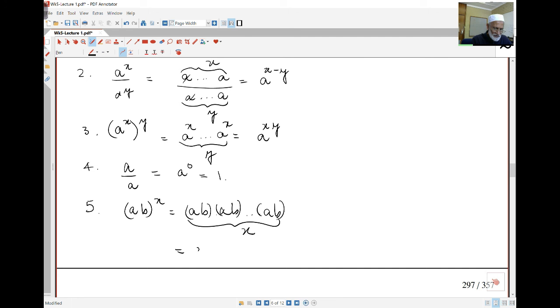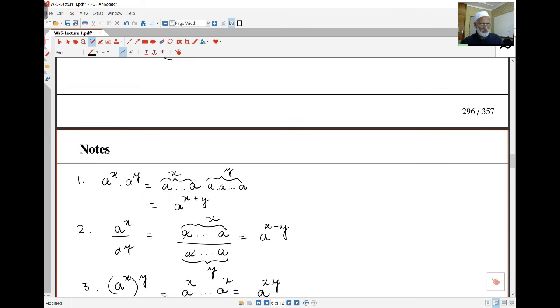If I separate those and put all the a's together and then all the b's together, I have x lots of a and x lots of b. So that becomes a to the x times b to the x.